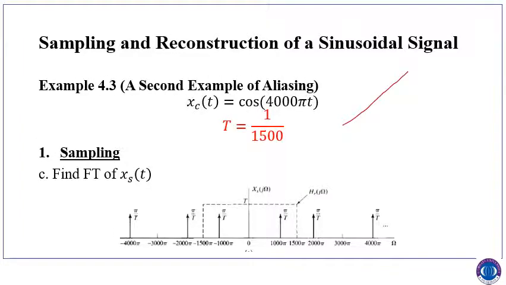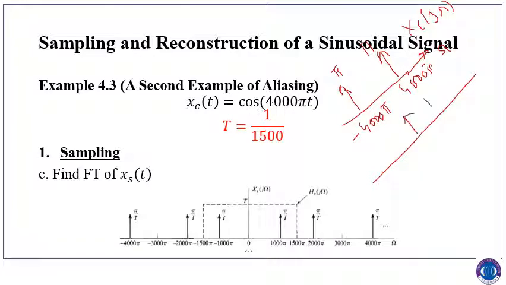So our original spectrum was this: 4000 pi, this pi, pi, 4000 pi. This was xc of j omega. Then we have the periodic impulse train. I'm just going to draw 3. The area under the curve of these impulses was 2 pi by T. This was 0, this was 3000 pi, and this was minus 3000 pi.